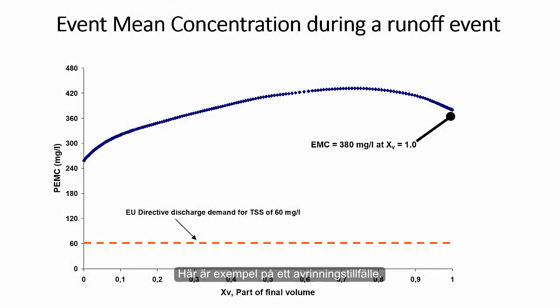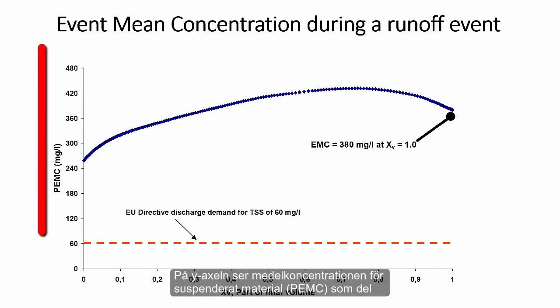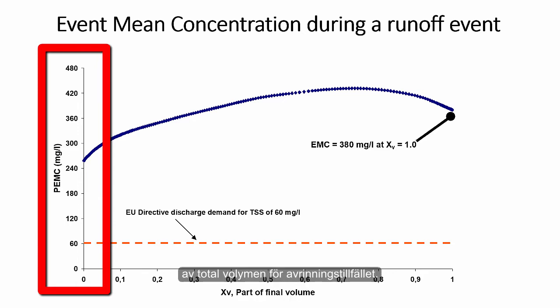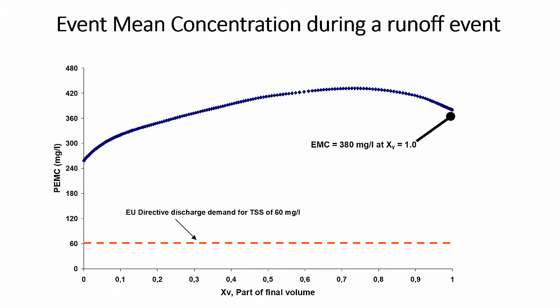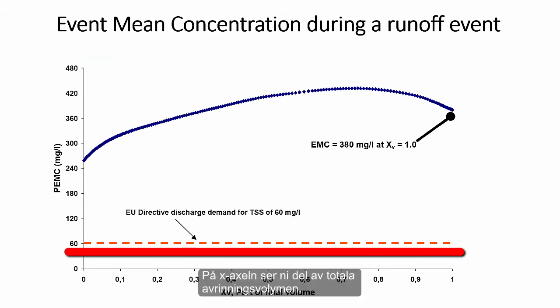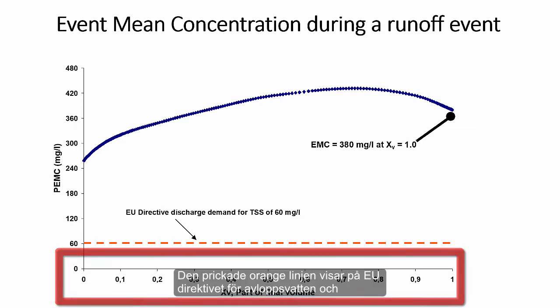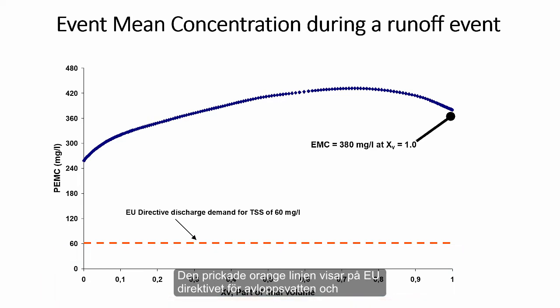Here is one example from a runoff event. On the y-axis, you have the partial event mean concentration, PEMC, of suspended solids. On the x-axis, you have part of the final volume, and the dotted orange line is a reference value to the EU directive for wastewater for suspended solids.